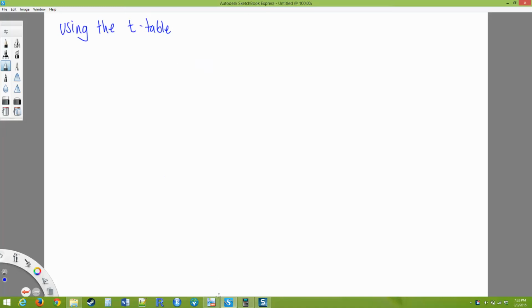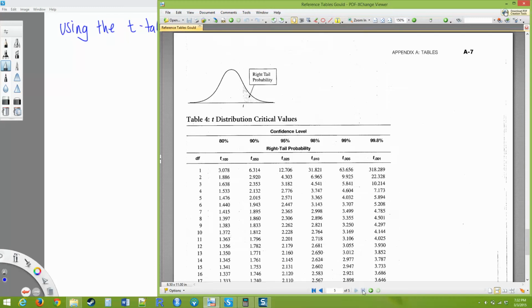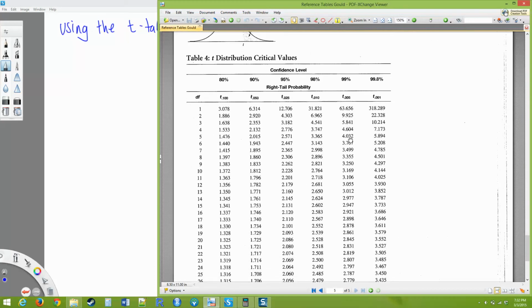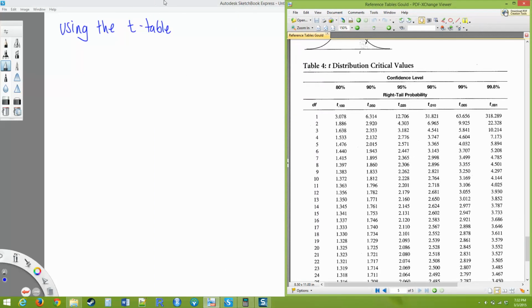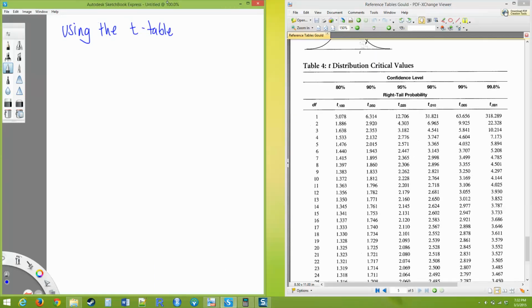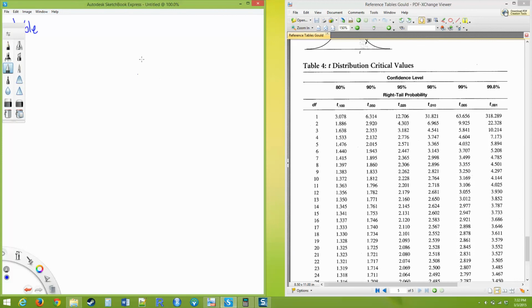Okay, so you should all have a table that looks like this. This is a t-table. So let me move this over here. All right, so your t-table looks like this.